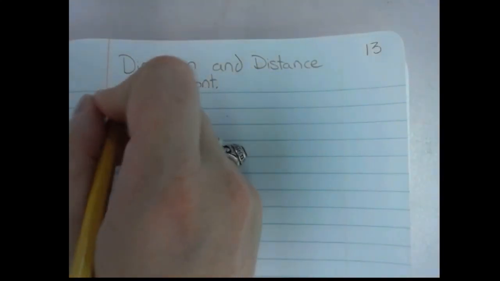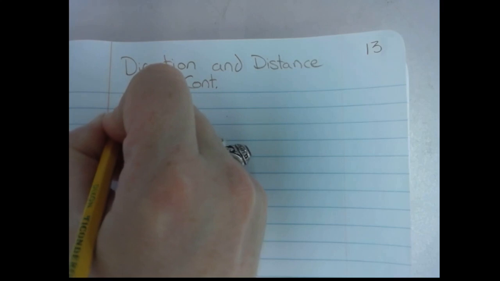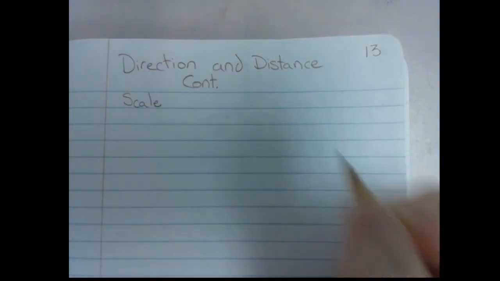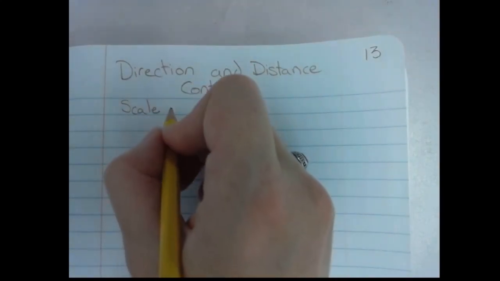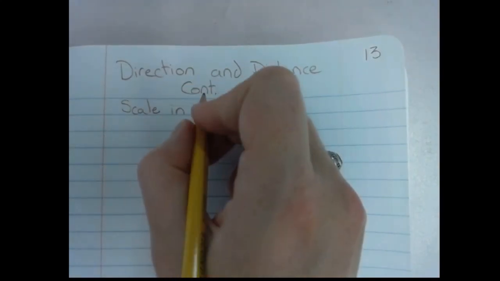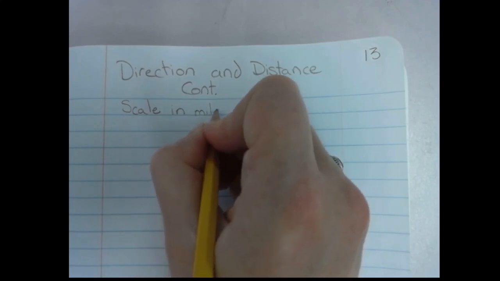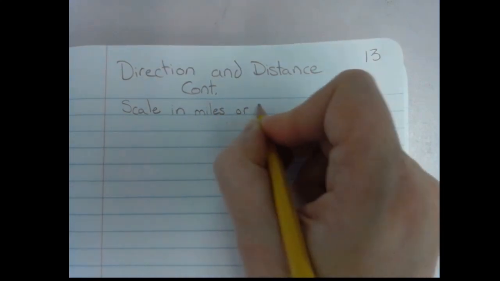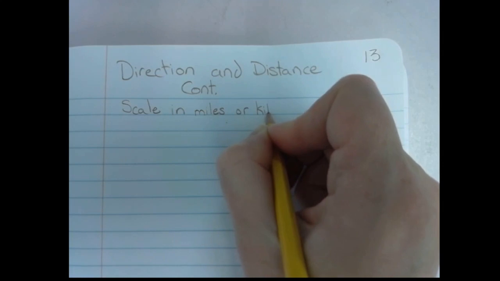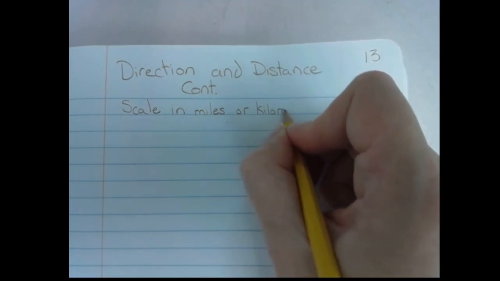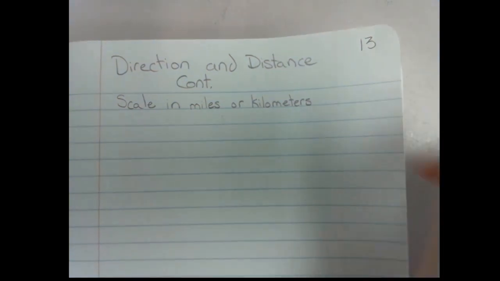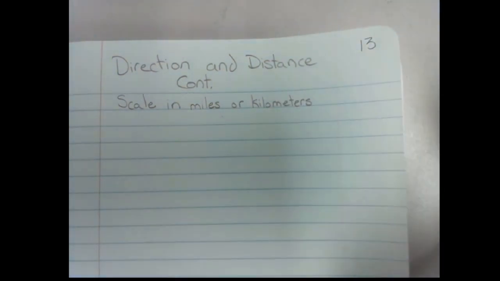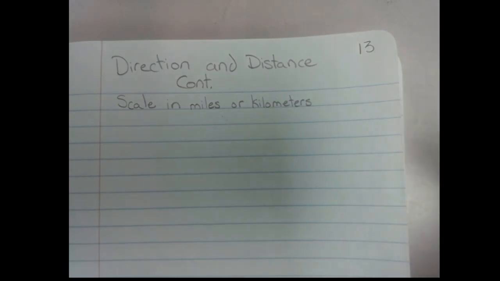So our next tool to help us is going to be a scale. And it's either going to be in miles or kilometers. So a scale, you're either going to use miles or kilometers.